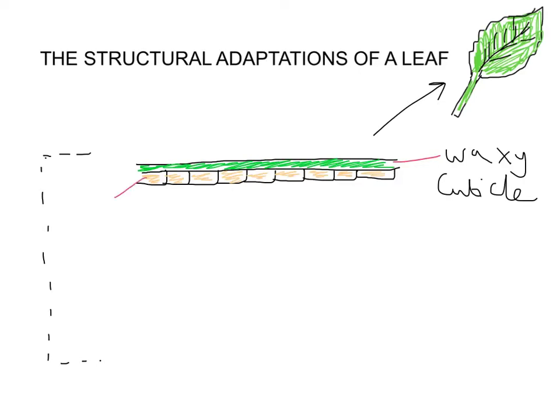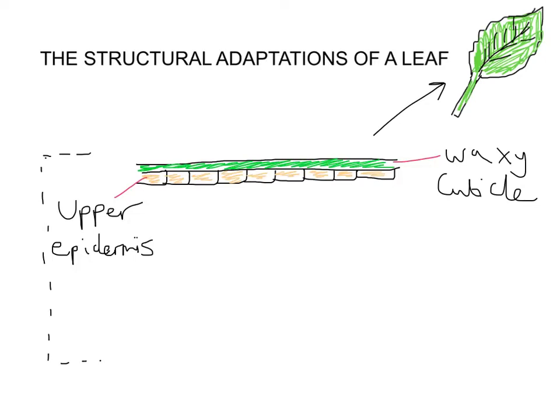These cells form what's called an upper epidermis. So that single layer of transparent cells forms our upper epidermis.